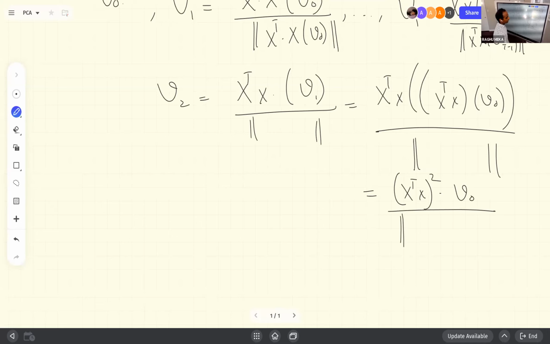And what's that something? Well, we know that the final result is a unit vector, so it's just going to be the norm. Okay?